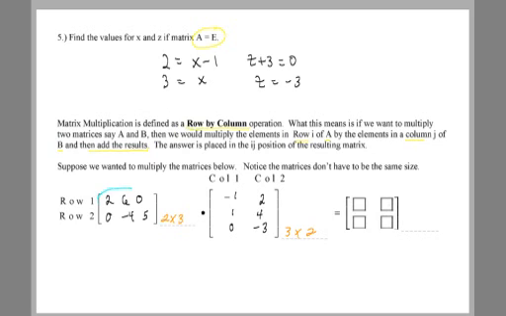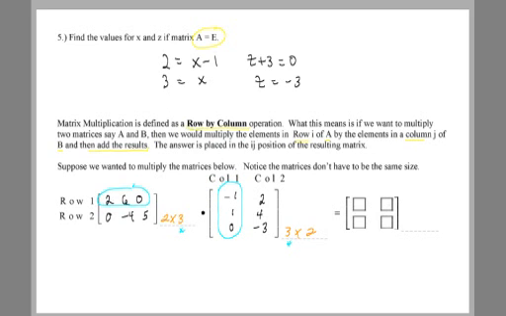The number of elements going across has to equal the number of elements going down, which means the two inside numbers must match. And they do. 3 across, 3 down, I'm good to multiply.